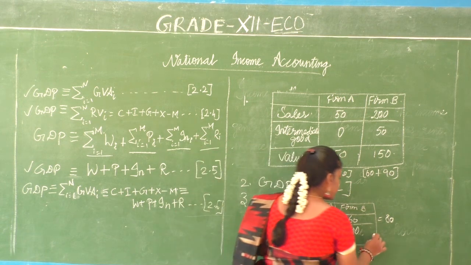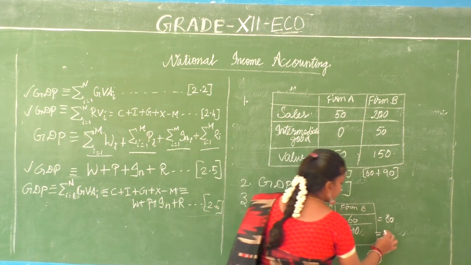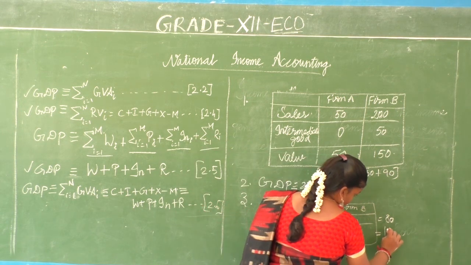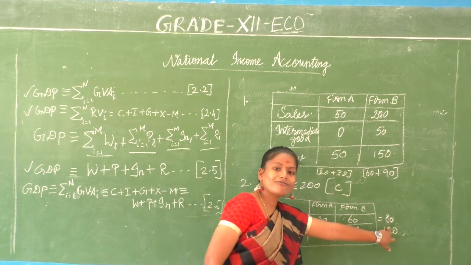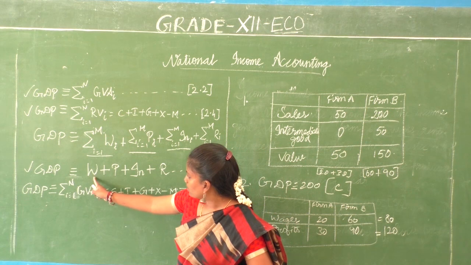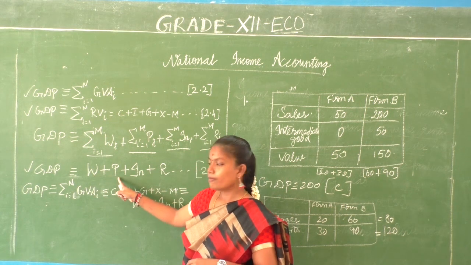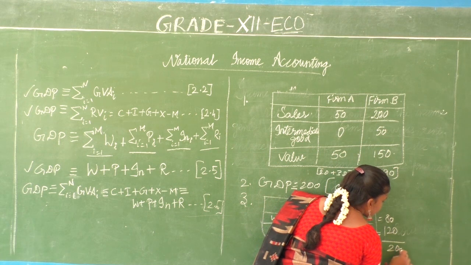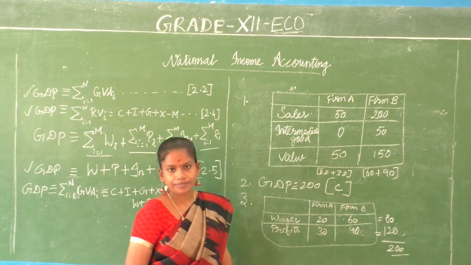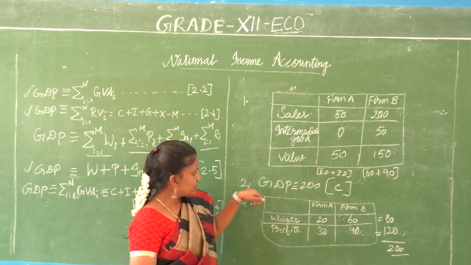And what is the profit? 30 plus 90? 120. So this is the total of wages. That is factor cost. Wages plus profits, which is 120. So here the GDP becomes 200. Clear?